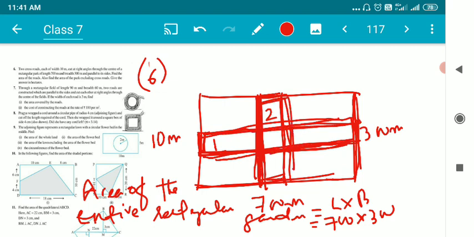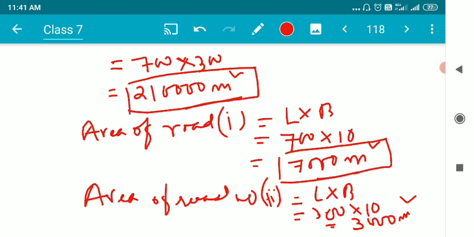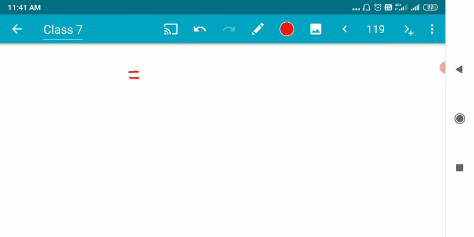It's forming a square where the roads cross. So the area of one small square should be subtracted because the roads are overlapping each other. So let's find the area of one small square.